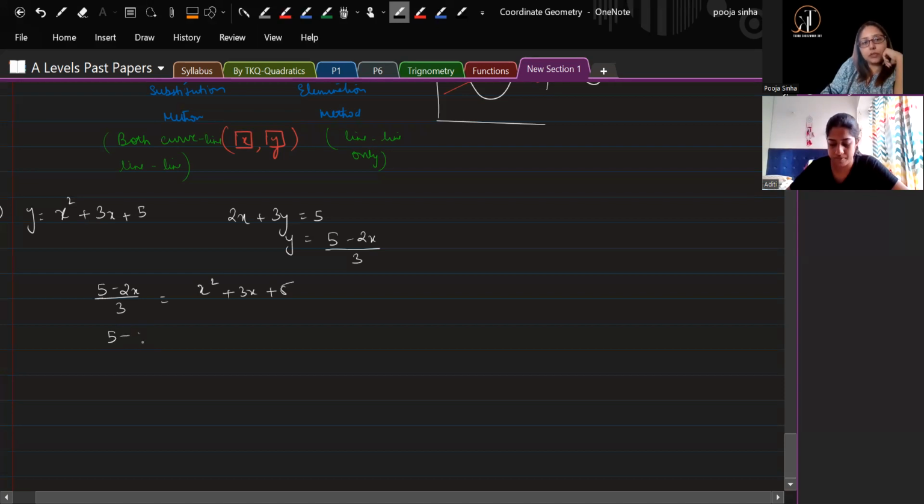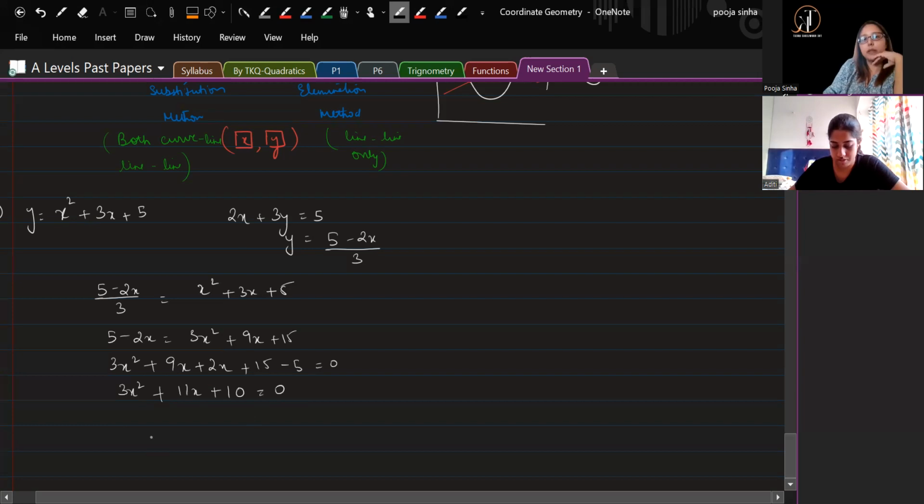So 5 minus 2x is equal to 3x square plus 9x plus 15, which means 3x square plus 9x plus 2x plus 15 minus 5 is equal to 0. Sorry, not 20, sorry, 10. 3x square plus 11x plus 10 is equal to 0.